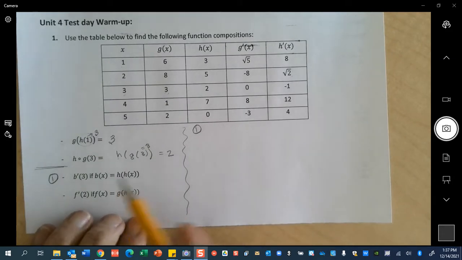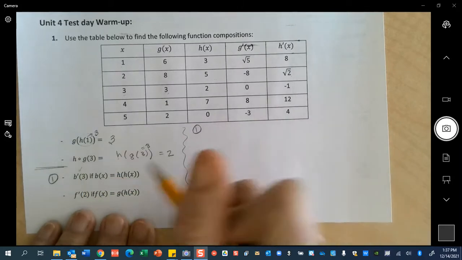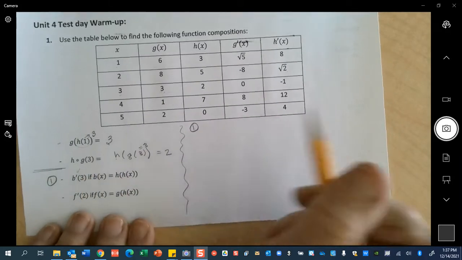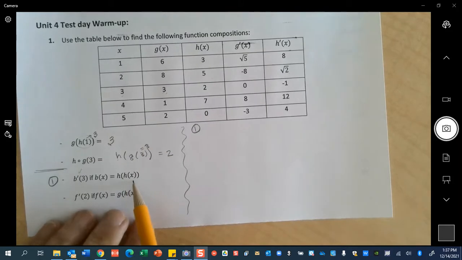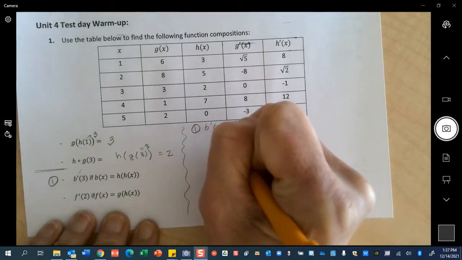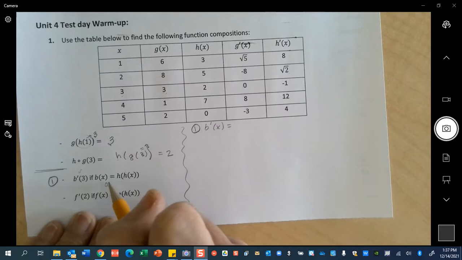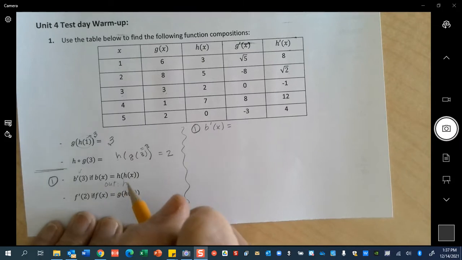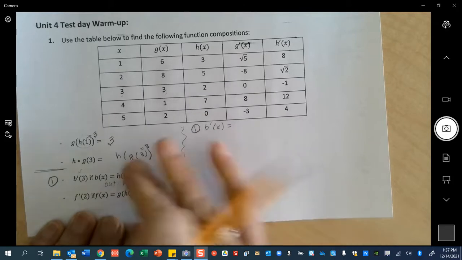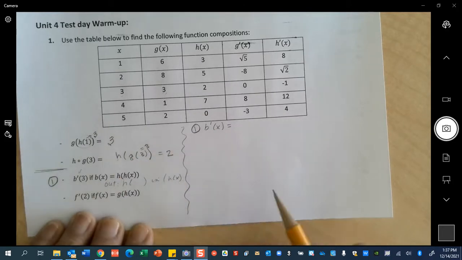So the change in this one represents, now I'm finding the derivative. So I want to find the derivative when the input value is 3 of this function. So if I have the derivative of this function, I have to apply the chain rule because I have an inside-outside. My outside of my function is h of x, or h of something. My inside function happens to also be h of x.